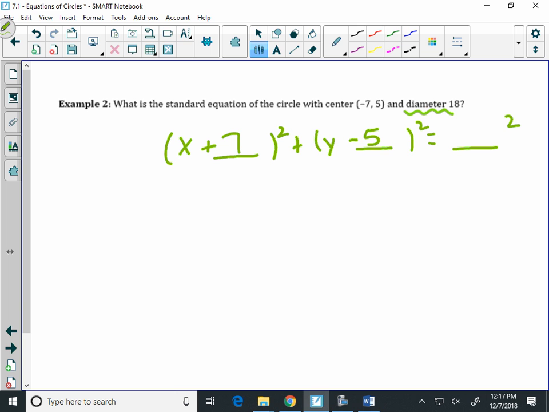So the diameter is 18. What's your radius? 9. You just divide it by 2. Divide your diameter by 2, and that gives you your radius. So we're actually plugging 9 in there. Be careful. Pay attention to that wording. So then this again stays the same. That stays the same, but what's 9 squared? Good, 81.